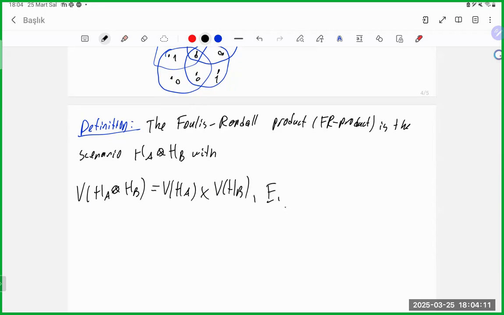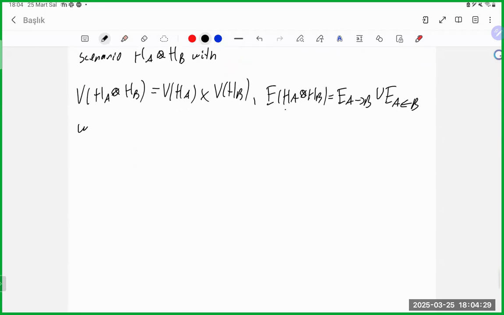For the edges, we have the union of those sets of edges. The definition is a bit messy to understand, but I will clarify.